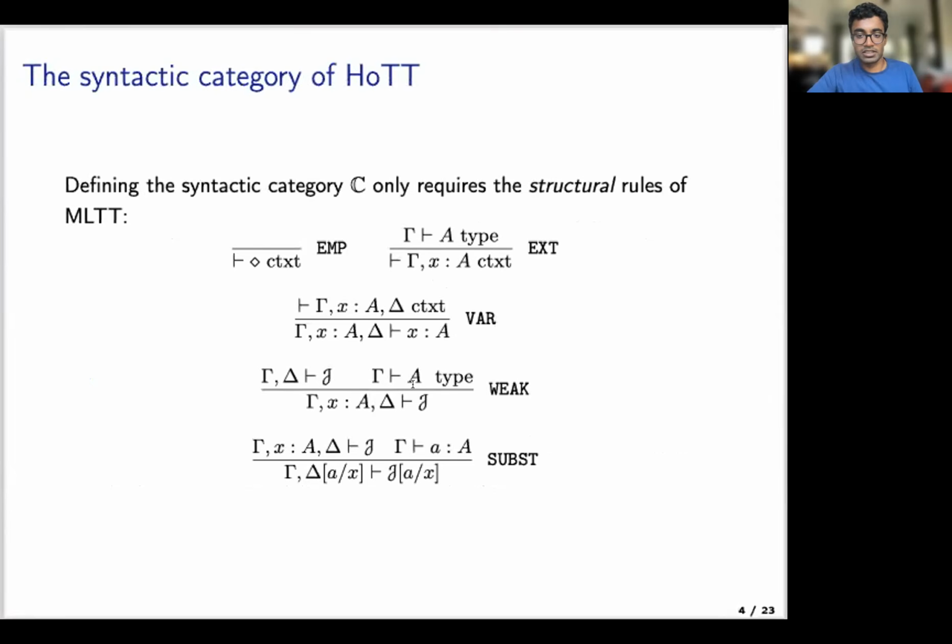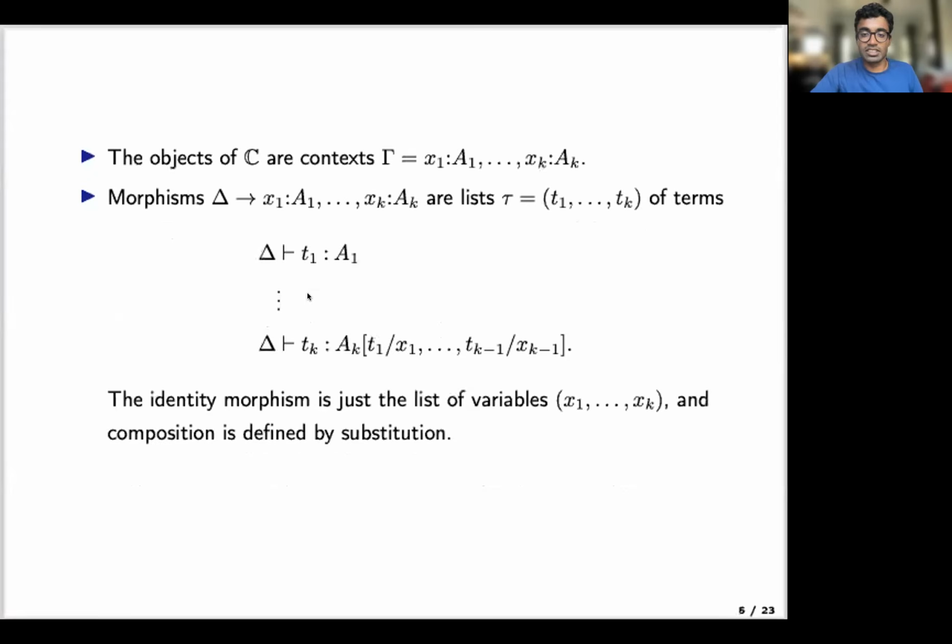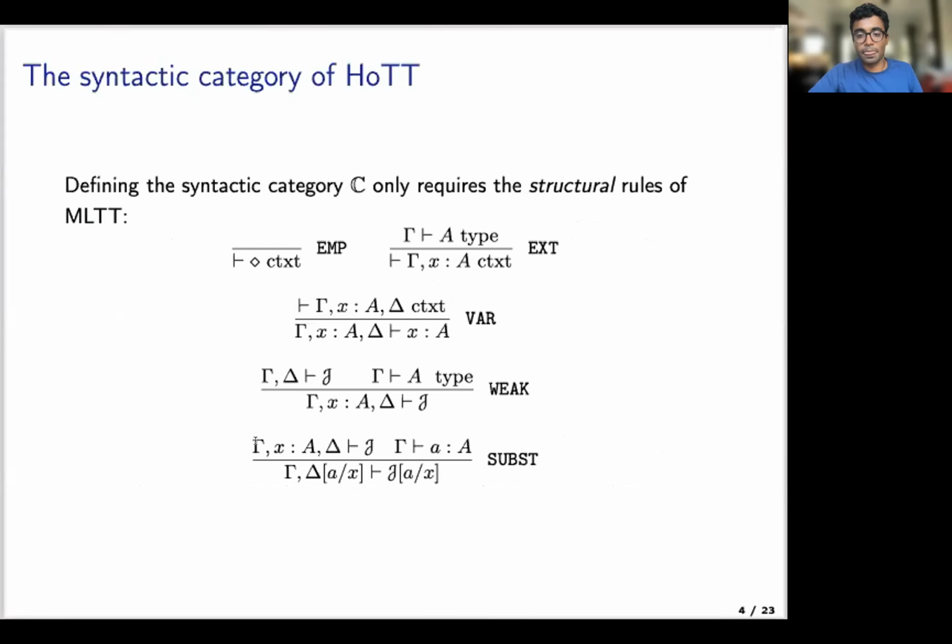If you look over here, right? So, right. And if we have a list of terms from delta to gamma, then, well, we can substitute the judgment using the substitution rule.